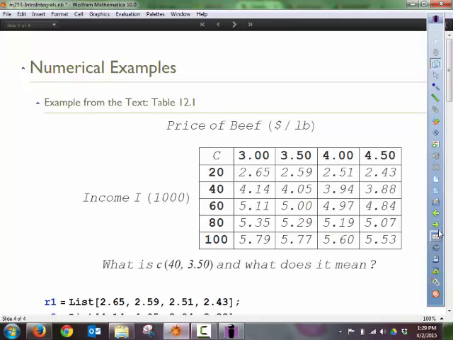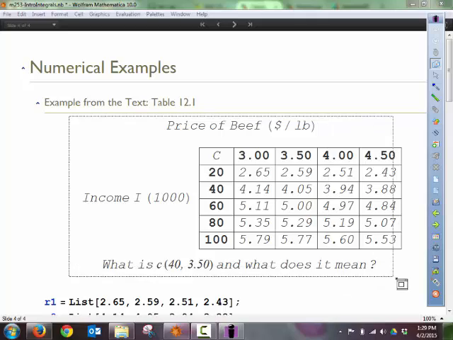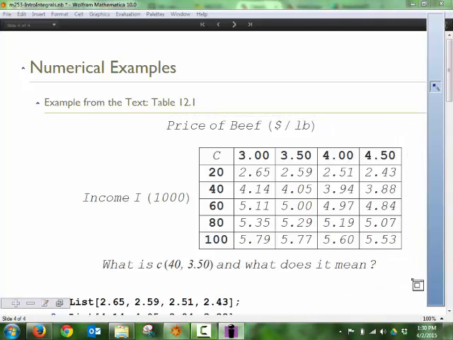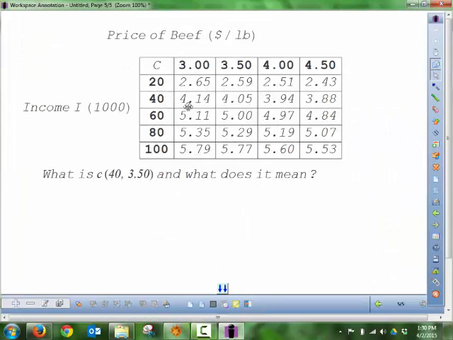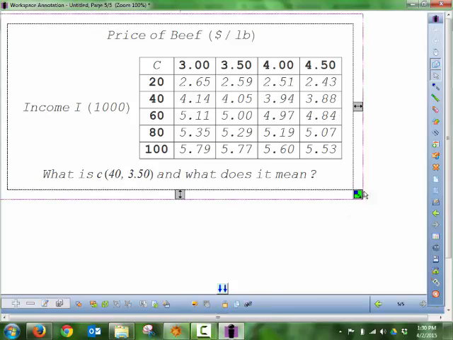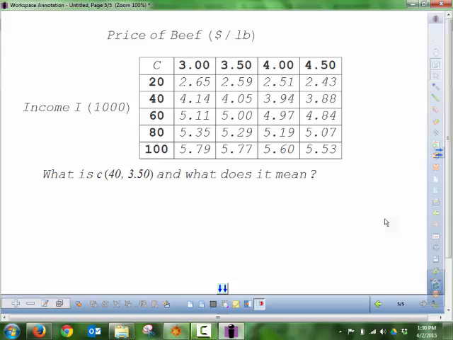All right, so let's do this example where you have a table that looks like this. So these numbers over here, I asked you what C of 40 comma 3.5 means.